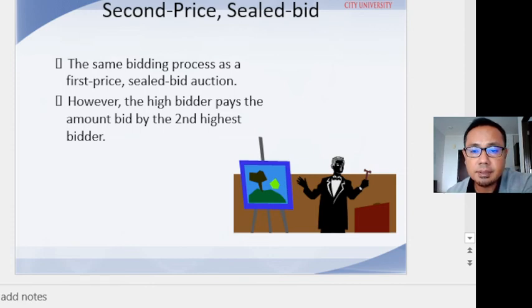If firm A, let's say, bids 1 million, firm B bids 2 million, and firm C bids 1.5 million, then the high bidder, firm B, that offered 2 million, wins the item, but pays only the second highest bid, which is 1.5 million. So this is the way that second price sealed bids work.